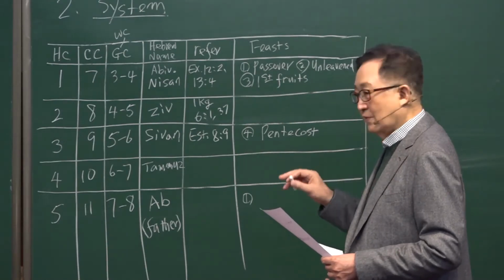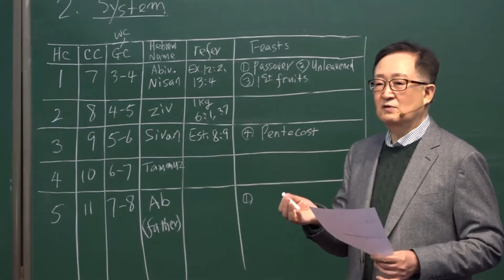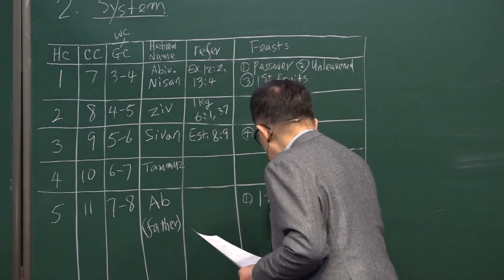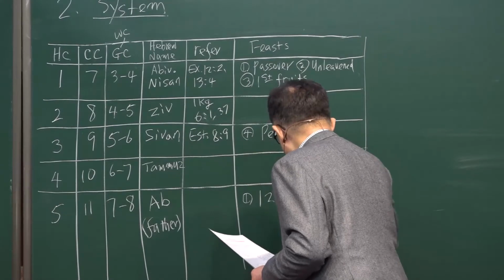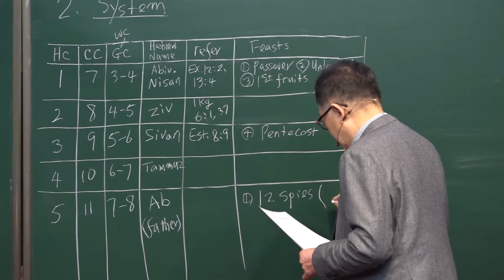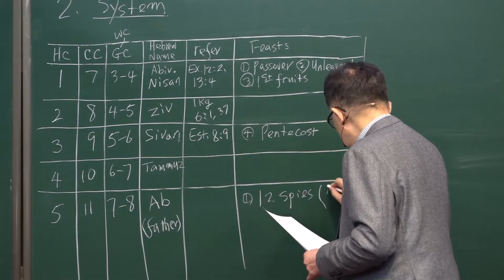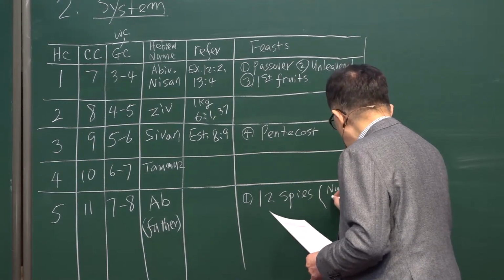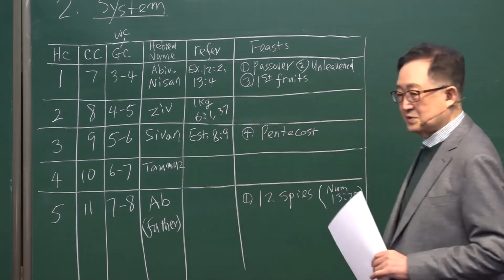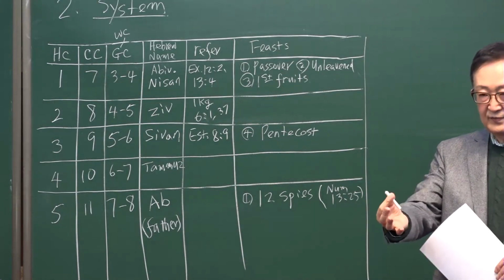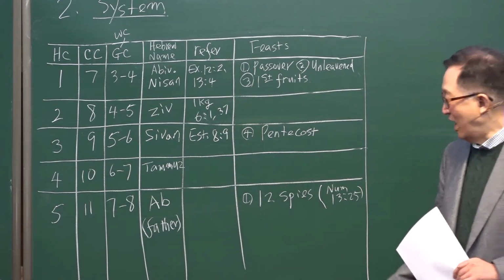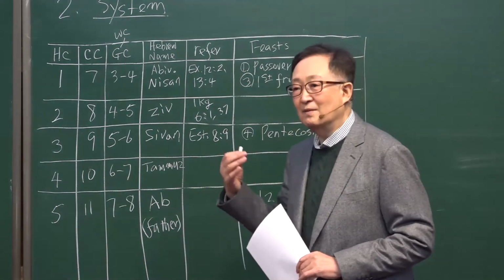This is the month where these 12 spies returned. 12 spies returning, Numbers 13, verse 25. Significant month. Month of Av.